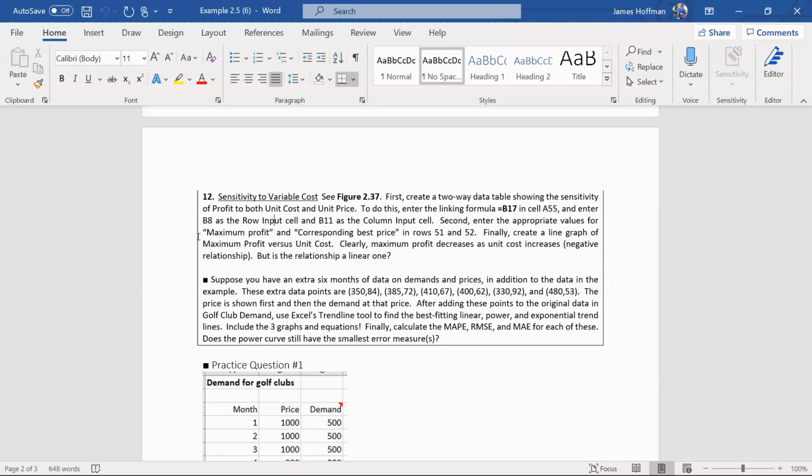So I'll get to that in the data table. We're going to find the maximum profit and the corresponding best prices when those variables change. And we'll get a line graph showing that effect. And then we can see the effect of unit cost on profit, and that'll be the end of this one. So let's go back to the spreadsheet.